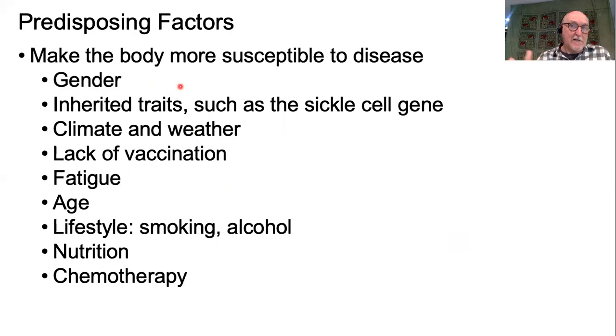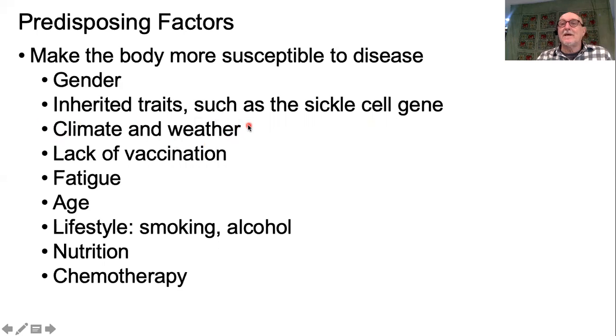They may have inherited traits which predispose them to disease, such as sickle cell disease. In the case of many cancers now, such as breast cancers, we are discovering that there are inherited factors which predispose people to those.